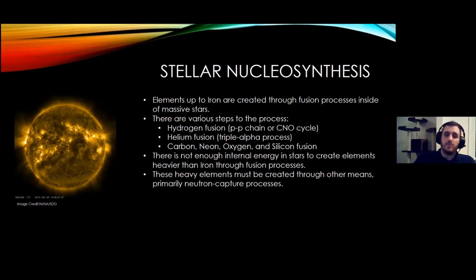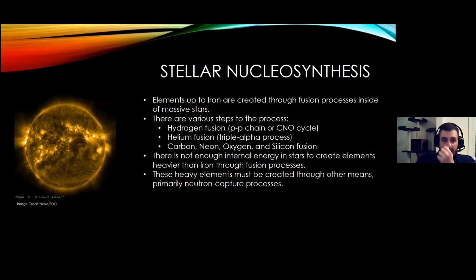And then you get into helium fusion, the triple alpha process, which will fuse helium nuclei together. And then you go on through carbon, neon, oxygen, and silicon burning. All of these different steps create new, heavier elements along the periodic table. And eventually you'll reach the point of stars creating iron.